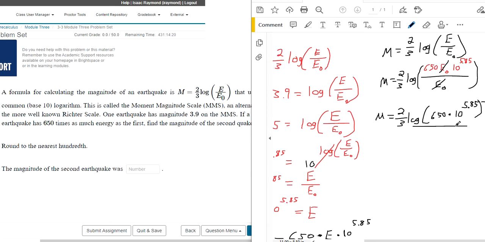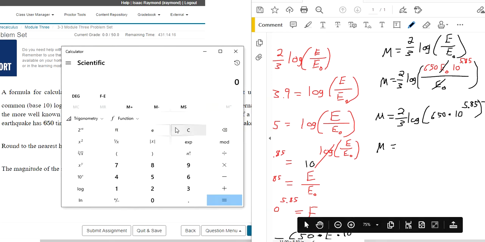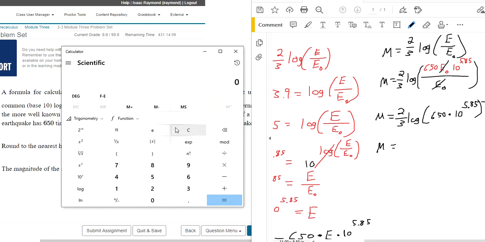This is calculator work. You could plug this in your calculator. In my Windows calculator, you have to hit log after. If you're using a scientific calculator, you can probably type in log and it opens up a parentheses. But let's do 10 raised to the 5.85 power, and multiply that by 650.